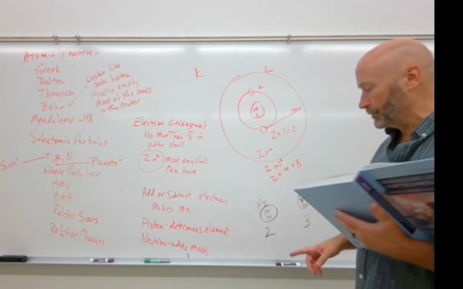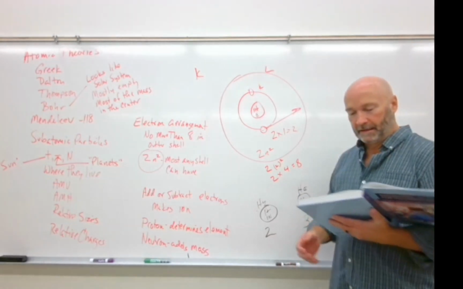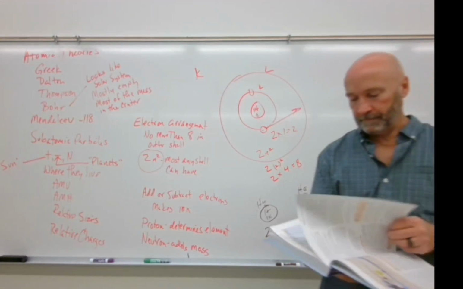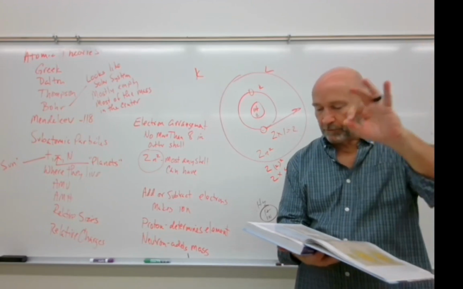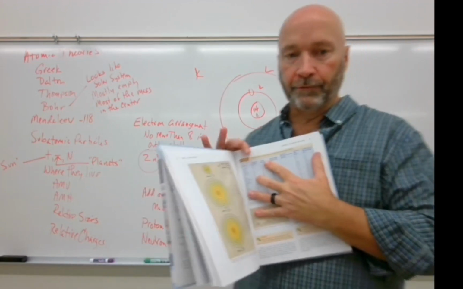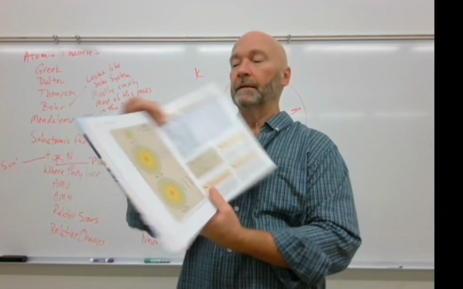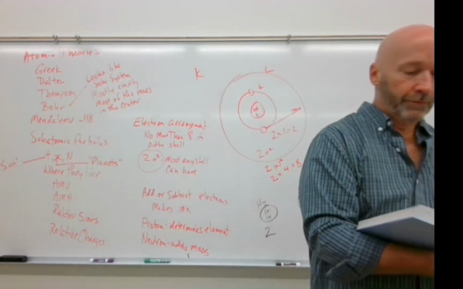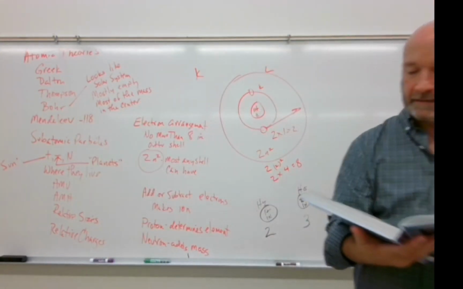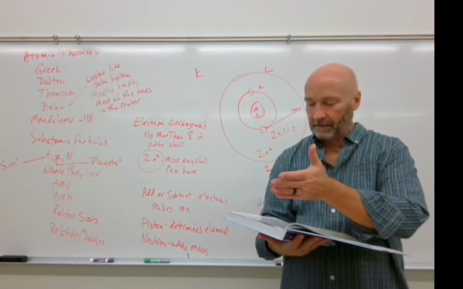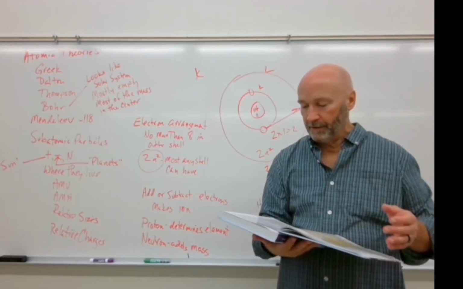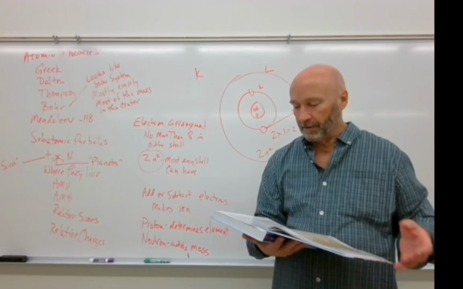Let me flip back over to page 45. If you look back on page 45, that table right there, table 3.3, what you'll see is that column just to the right of the middle, number of naturally occurring isotopes.